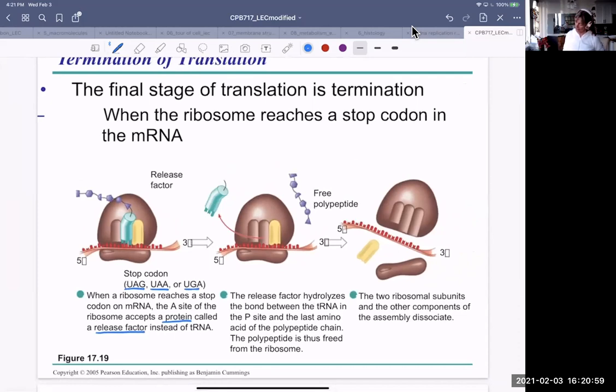So a release factor hydrolyzes the bond between the tRNA in the P site and the last amino acid in the chain. So the polypeptide is free. So here's the free polypeptide. This release factor has released this polypeptide from this tRNA. And everything just really disassembles at that point. And now everyone goes their separate ways.